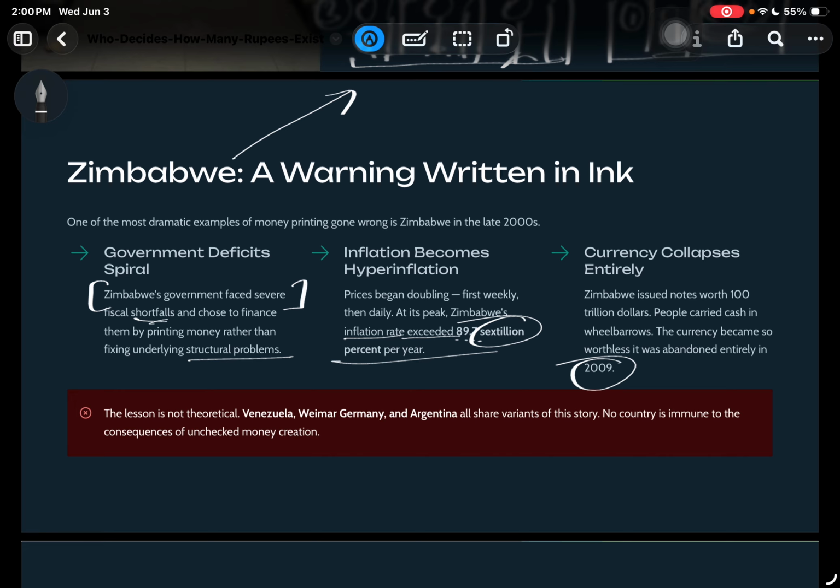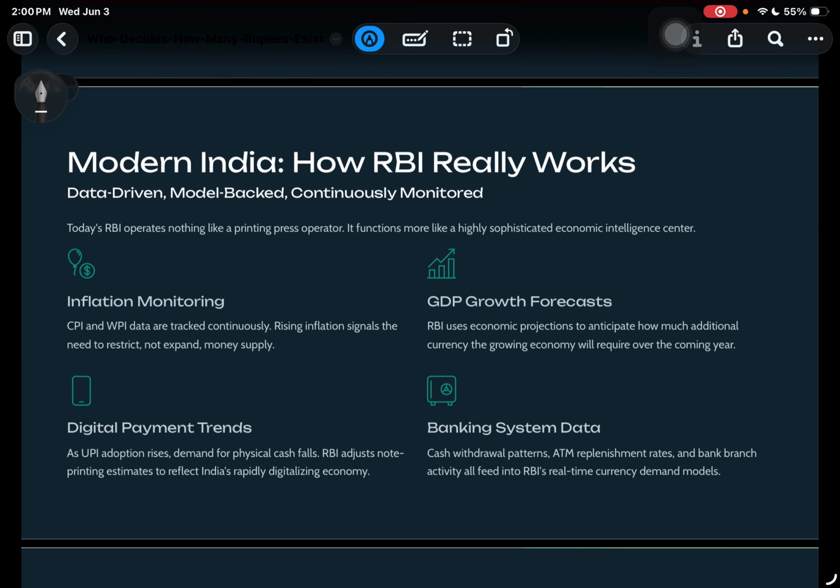This is not a theoretical example. Similar things happened in Venezuela, Weimar Germany, Argentina, and every other country that faced economic instability because of this reckless printing of money. Right?